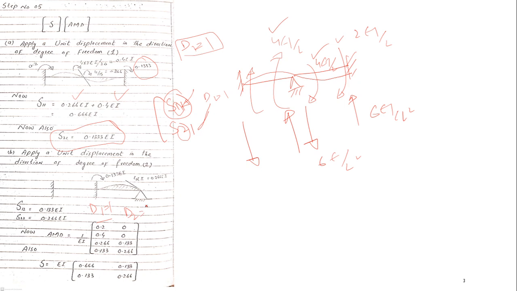I mean, this column has been attained from this figure. 0.2, 0.2, 0.4, 0.4, 0.133, 0.133. So it's very easy.